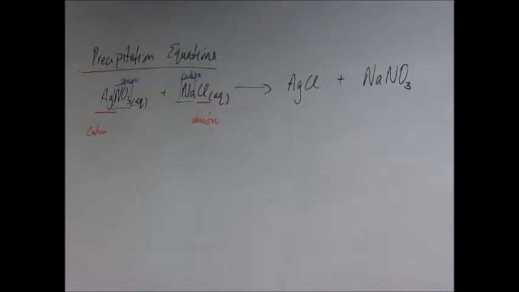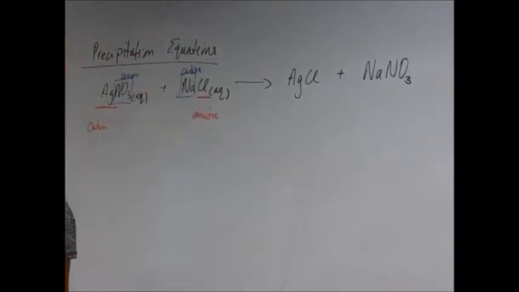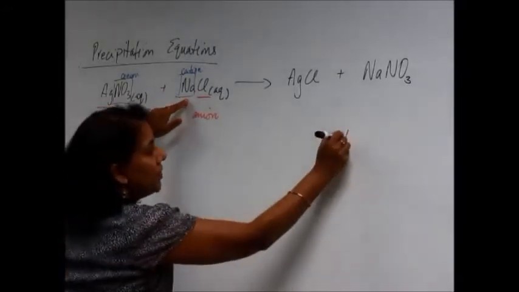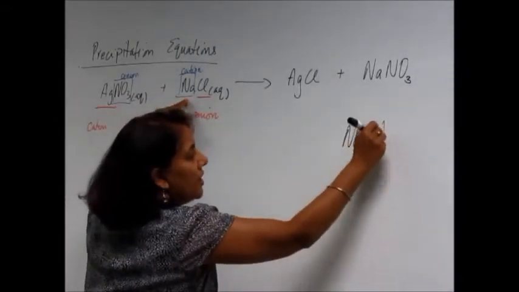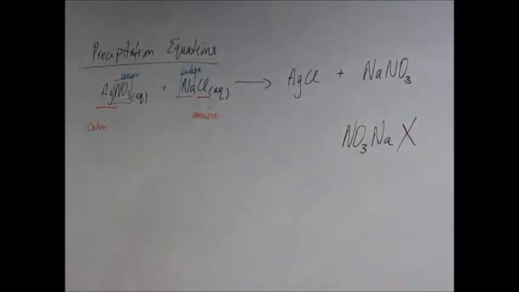Always positive first and then the negative, or always whatever is on the left-hand side of the periodic table goes first. So even though when you're writing NaNO3, it should not be written as NO3Na. That's not the right way. So make sure you write the cation first, and then the anion.